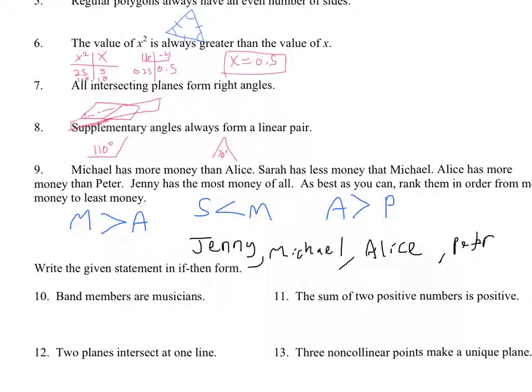So, since the only thing we know about Sarah is that she has less than Michael, and we don't know where Sarah is compared to Alice or Peter, since she has less than Michael, we know she's going to be less than Jenny. What I'm going to do is I'm just going to put Sarah's name here, because we know she has less than Michael, but we don't know if she has less or more than Alice and Peter. So, there we go, that's my answer.